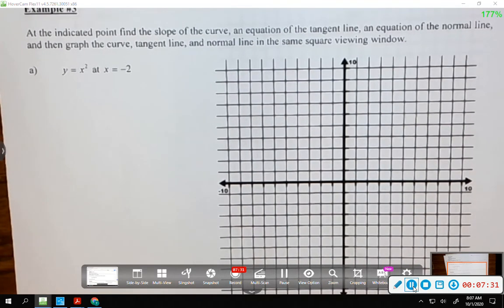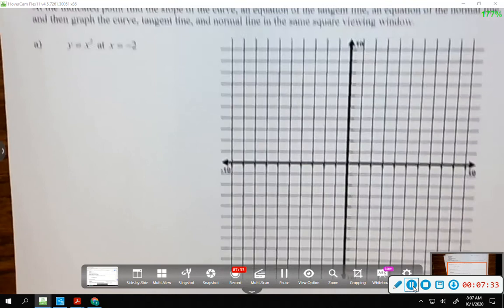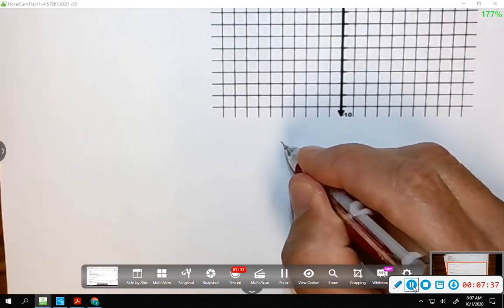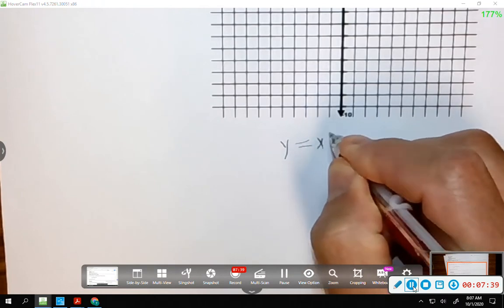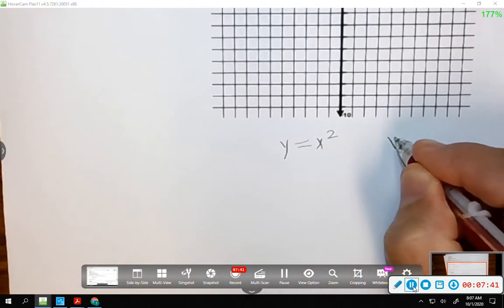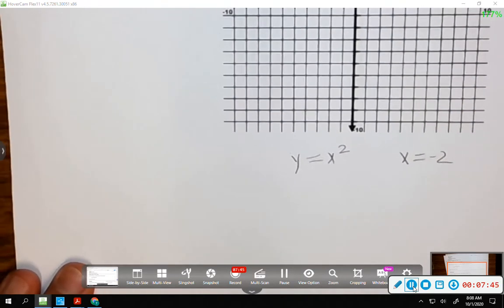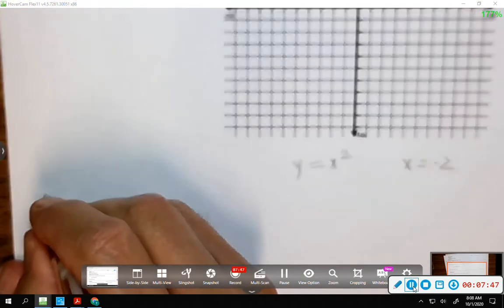Okay, I'm going to start by finding the slope at the point down here. This is the most important part, so I'm just going to recopy this down here. We're doing it at x equals negative 2. For the first problem, I'm going to write the generic form that I gave to you.